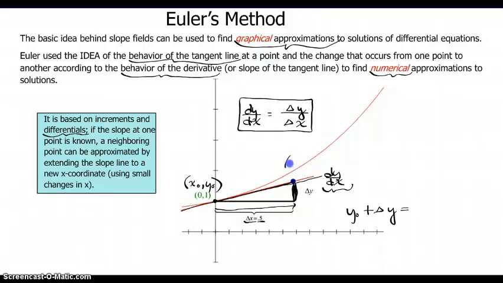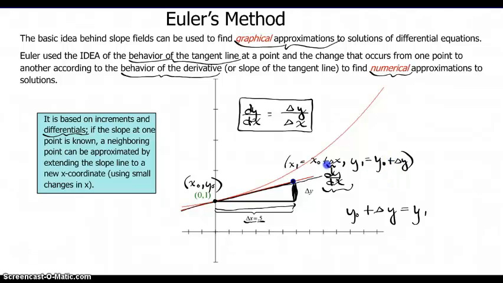So x sub 1, that next output, is based on our initial x value plus a change in x. And he said our next y value, here we'll call it y sub 1, is based on taking the initial y value and adding that corresponding change in y.